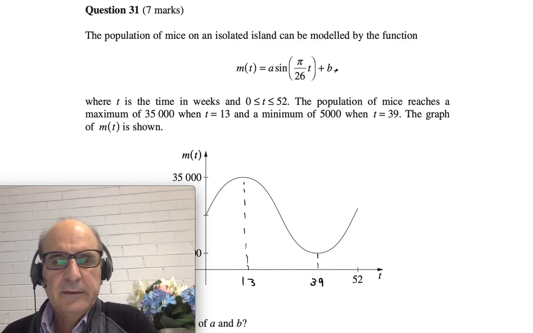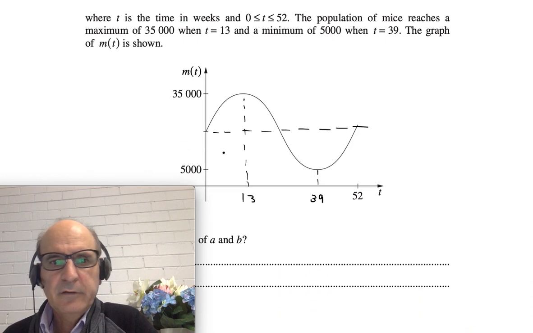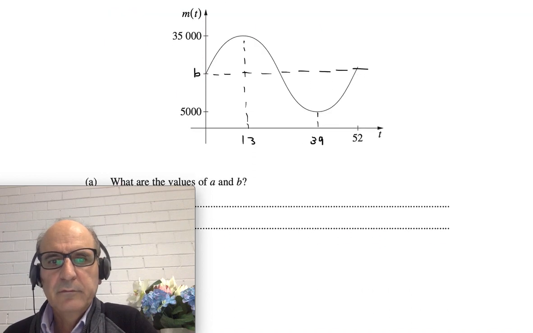We know that this function has an amplitude of A and has a mean value of B. So in other words, if I draw this line which constitutes the mean value for this function, that will be B. So B is the average of these two values.